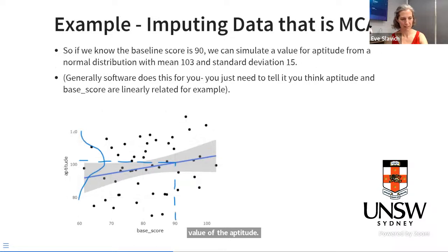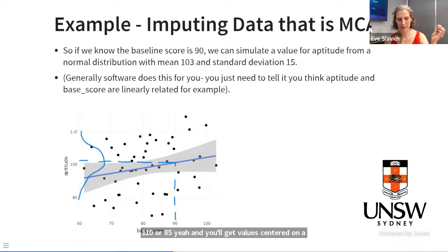If we knew the baseline score was 90, we could simulate a value for aptitude from a normal distribution with mean 103 and standard deviation 15. So sometimes it might come out to be 103, but it won't always be 103. It might be 110 or 85. And you'll get values centered on 103.